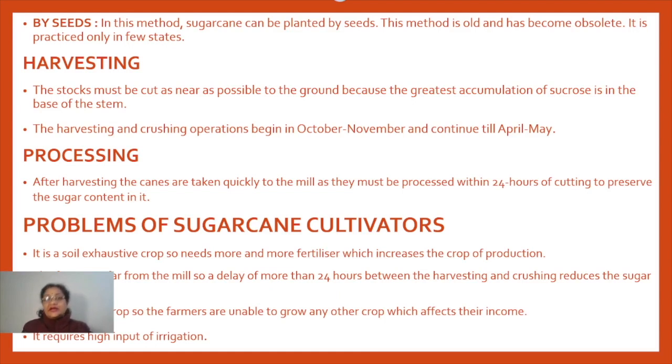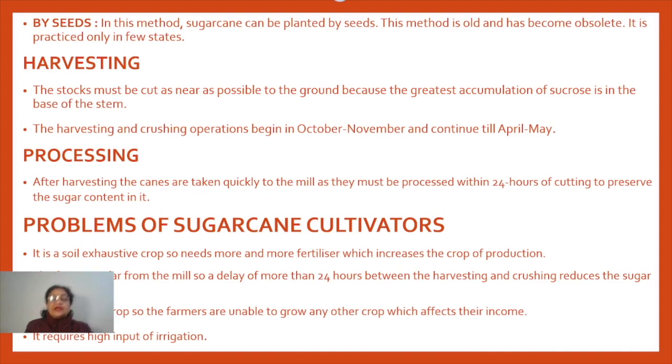What is the reason for that? The reason is that the maximum sucrose content remains in the lower part of the stalk. So it is always cut keeping in mind that the maximum sucrose content comes to us.